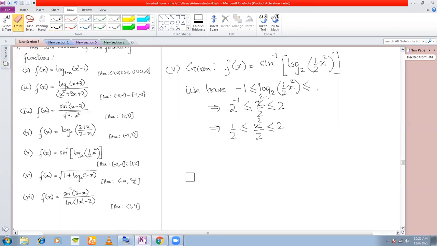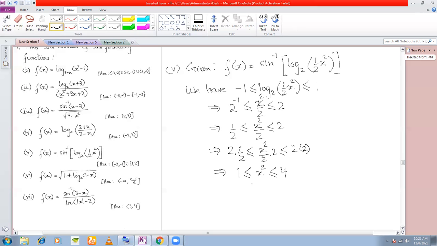To remove 2 from the denominator, we multiply both sides by 2. So you get 1 less than or equal to x square less than or equal to 4.